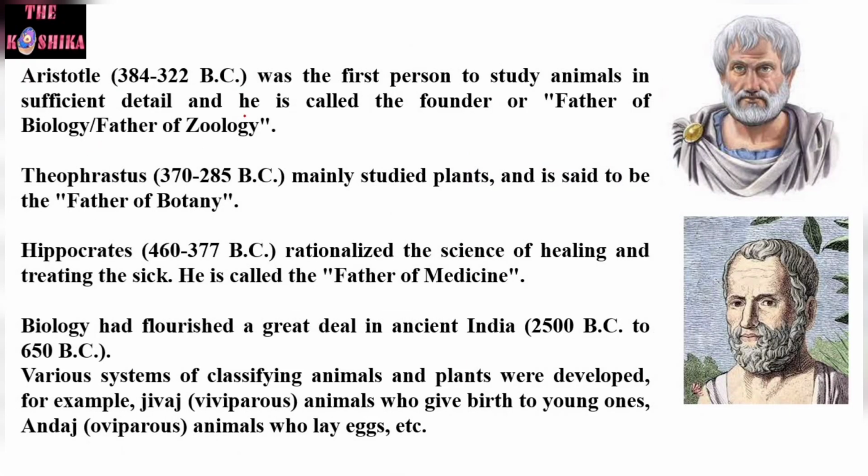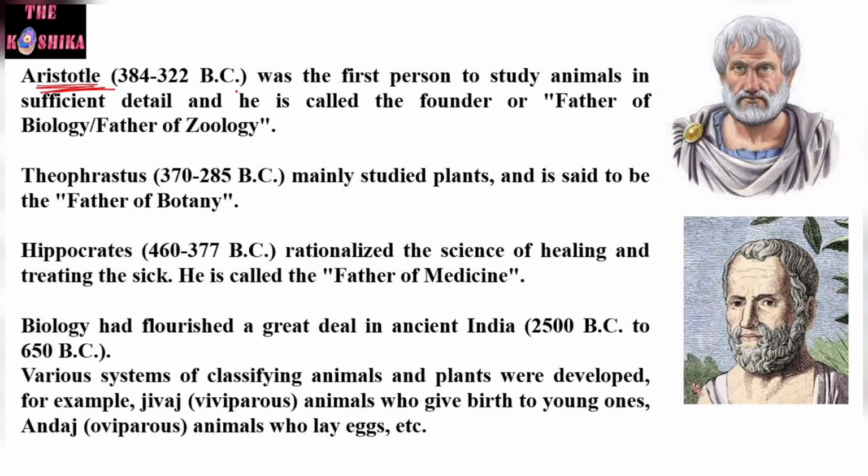So the very first organized attempt was made by Aristotle. He was the first person to study animals in sufficient detail. In our understanding, this is called ancient. This was the modern approach of biology attempted for the very first time by any human being.